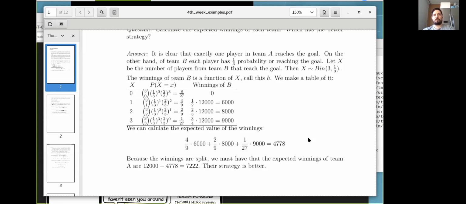And there is a thing called Nash equilibrium here. A Nash equilibrium is a strategy where neither player can change the strategy in order to win more.